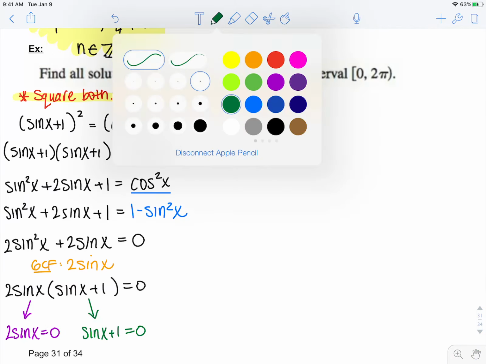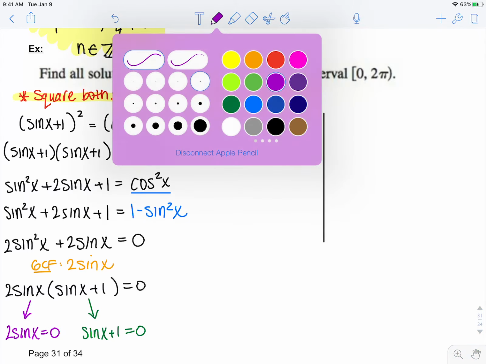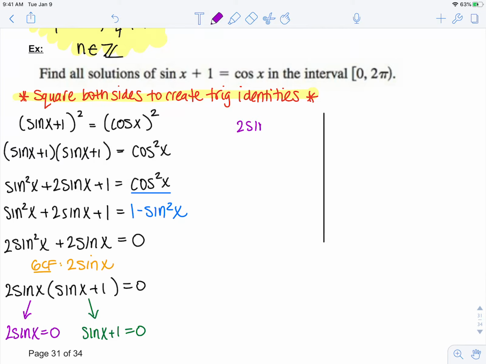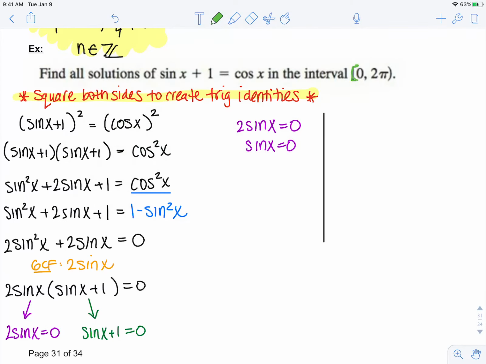So I can solve both of these on the right here. I'm going to leave a little gap underneath this line, and you'll see why in a second. So I have 2 sine x equals 0. So that means that sine x equals 0. So remember, we're focusing on the interval here, including 0, but not including 2 pi.